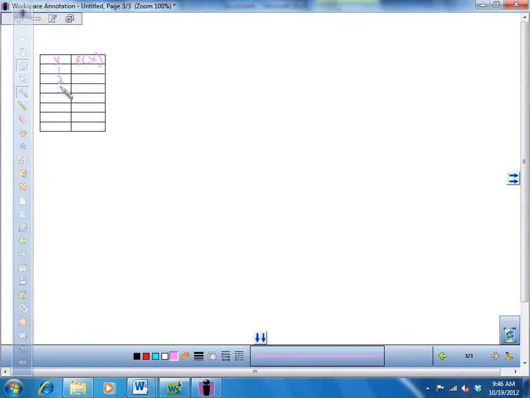But now I have negative 2, negative 4, negative 6, and I don't know, we'll put a question mark here. So look at the problem. See if someone can tell me the function rule. It's times negative 2.